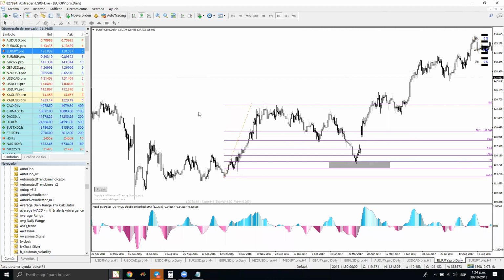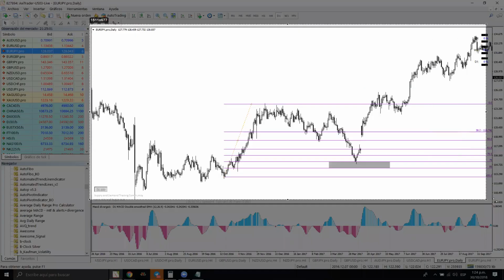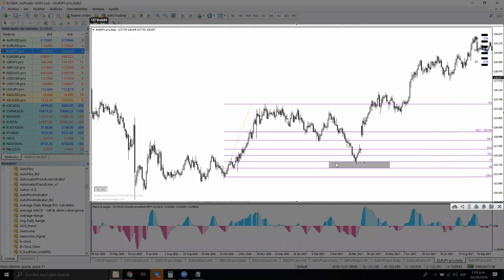Look what happened. This is the momentum that broke resistance, broke support, broke everything, and the price just came back to the 88.1 zone.